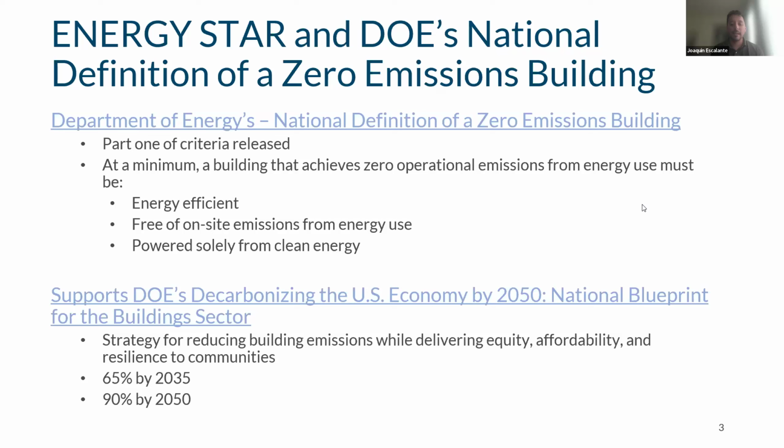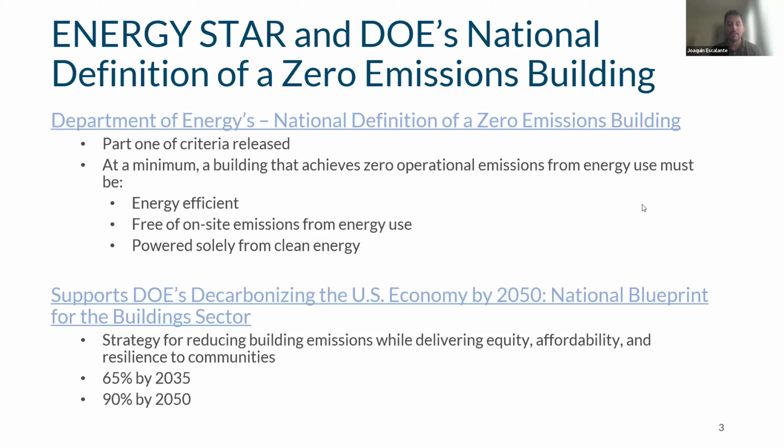The links on this slide and the following slide will take you to the documentation and further information on what this exactly means and how this will tie into use of this tool, specifically also with earlier announcements on the national blueprints for assisting the decarbonization of the U.S. economy by 2050.